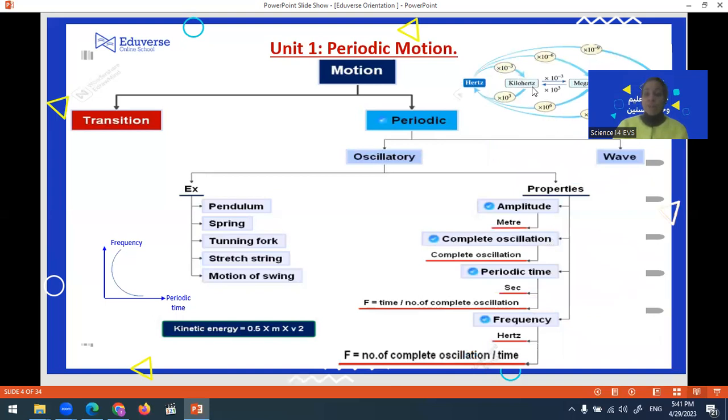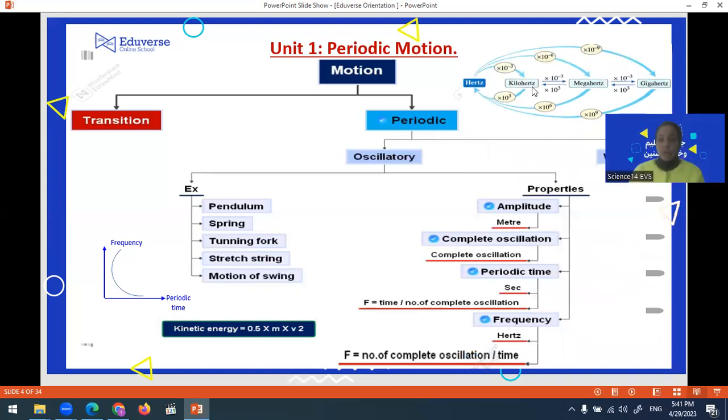Here we have some conversions. We must take a look at them. For example, if I want to change from hertz to kilohertz, now I must multiply it by 10 to the power -3. Excellent. And when we want, for example, to change from hertz to megahertz, we will multiply it by 10 to the power -6.